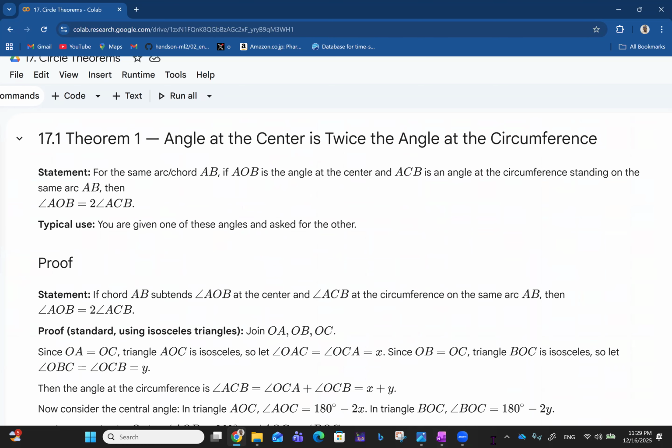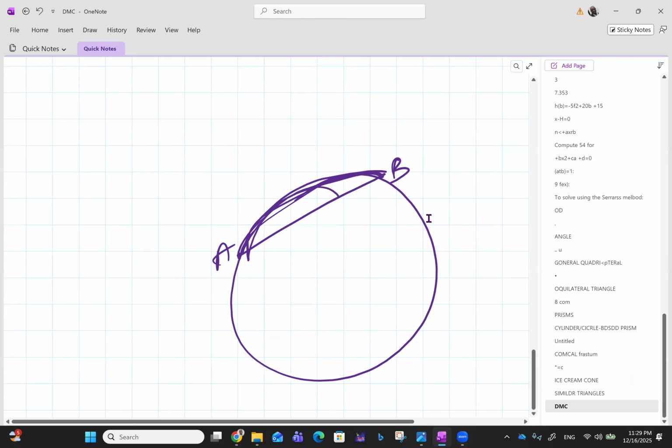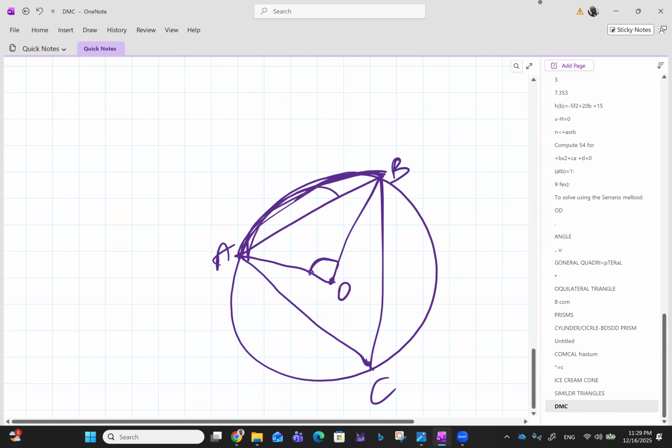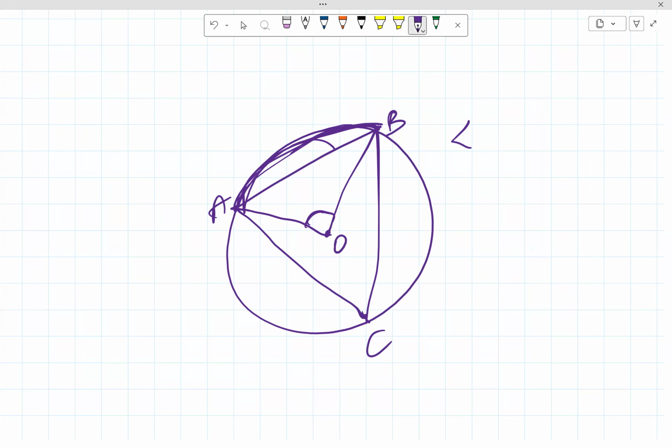So now the statement is saying that if you have this arc AB, of course, the circle has center O. If this arc or chord AB makes an angle at the center here, which is angle AOB, and then the same arc or chord goes to some part of the circumference and makes an angle ACB, what the theorem is saying is that angle AOB is equal to twice angle ACB.